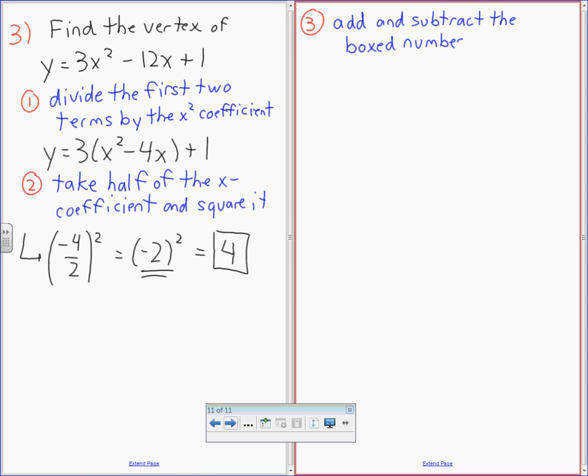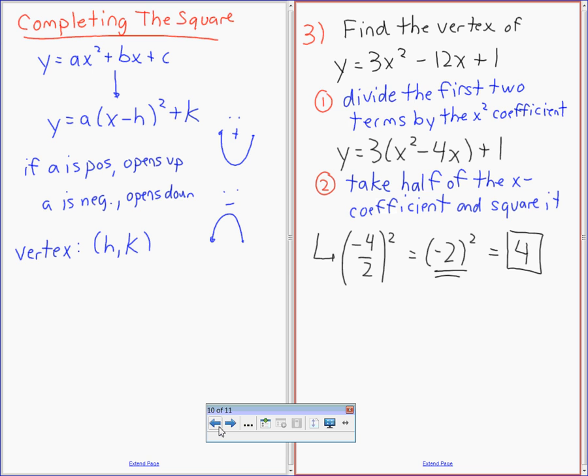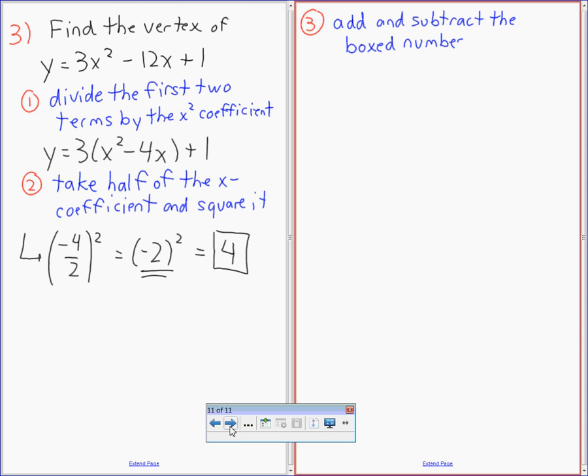What we actually did here, we wanted to make a perfect square for the x squared and the 4x, because you want to factor it eventually, so it looks like this. But you can't just add a 4, you have to subtract it as well. So it's going to be y equals 3 bracket x squared minus 4x plus 4 minus 4 plus 1.